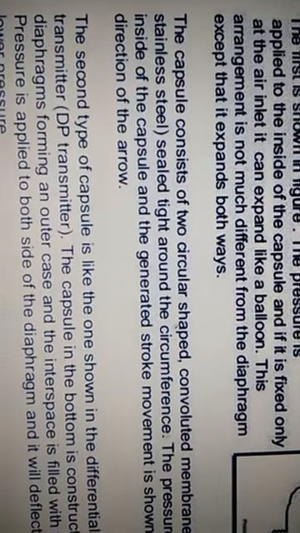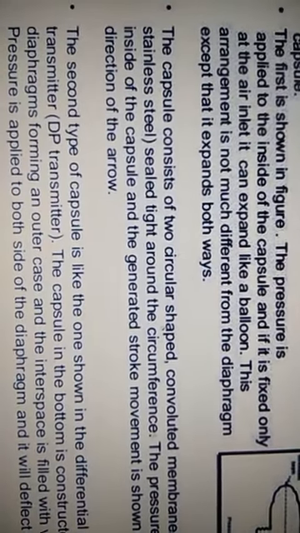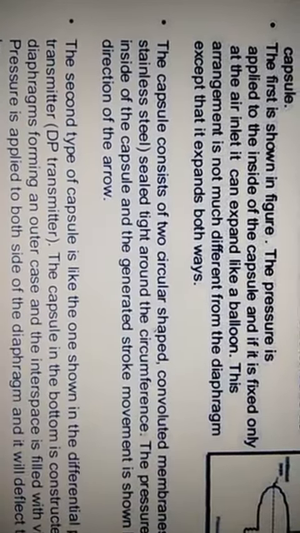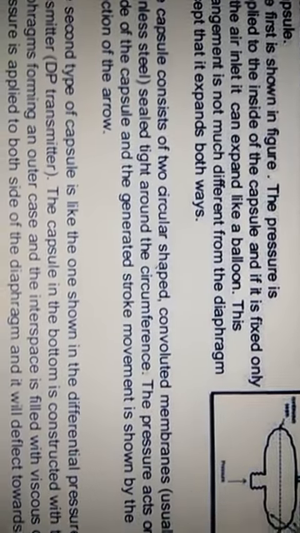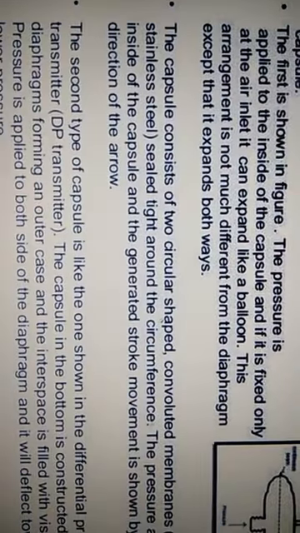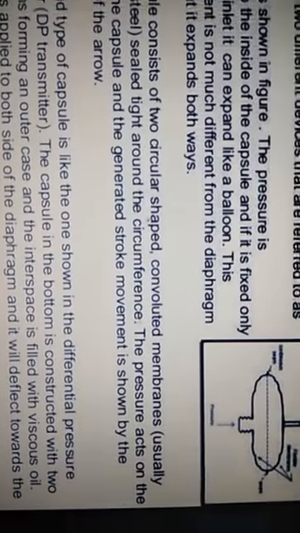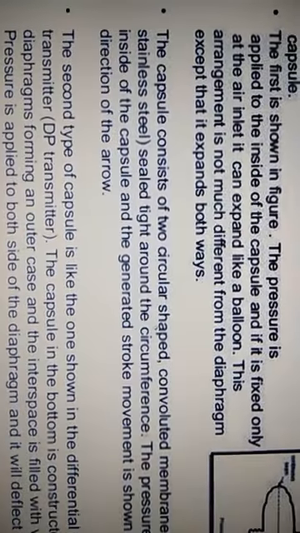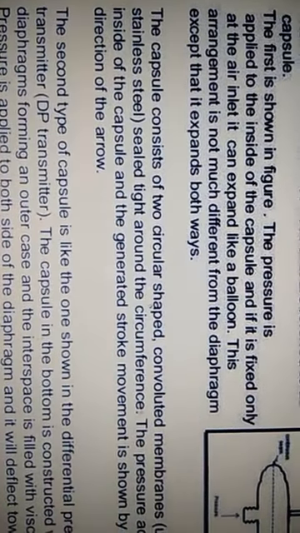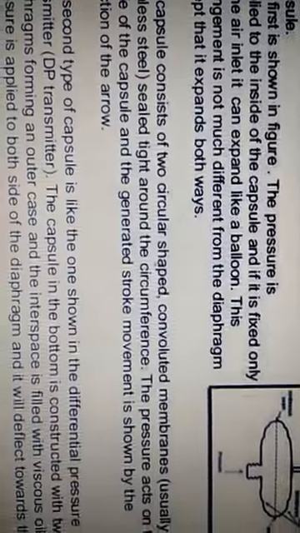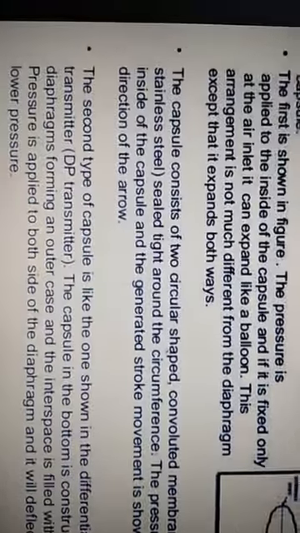The capsule consists of two circular shaped convoluted membranes, usually stainless steel, sealed tight around the circumference. The pressure acts on the inside of the capsule, and the generated stroke movement is shown by the direction of the arrow here.